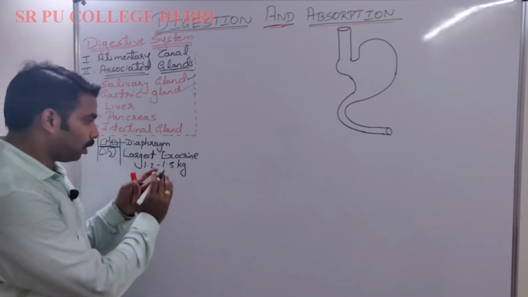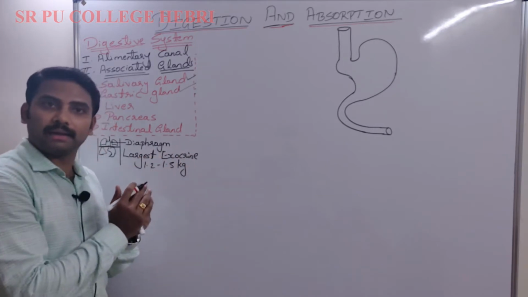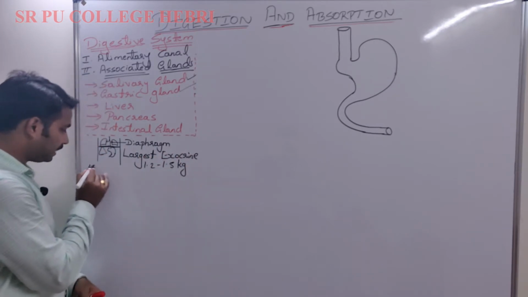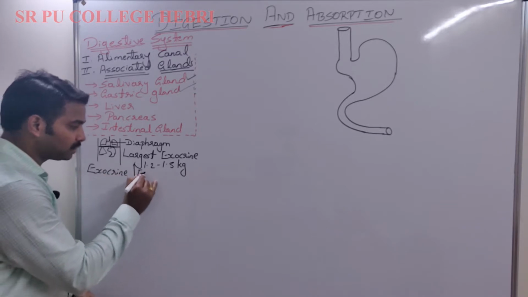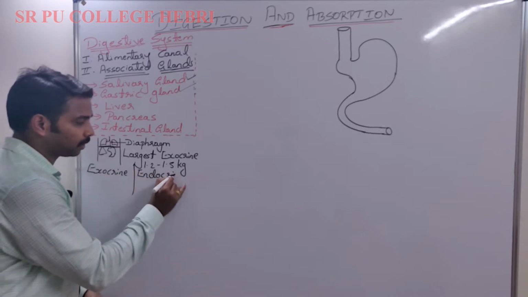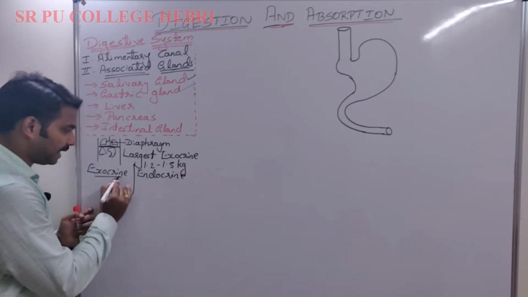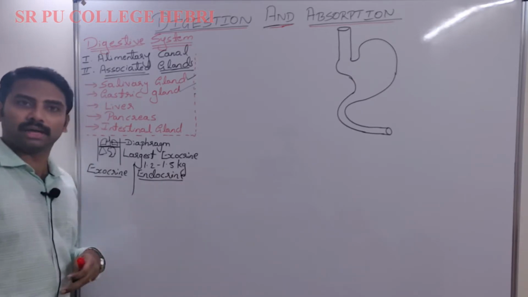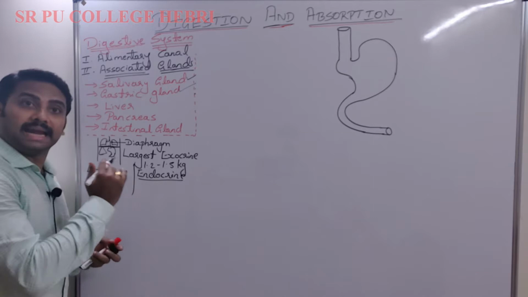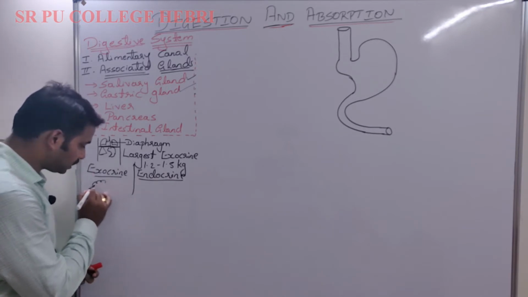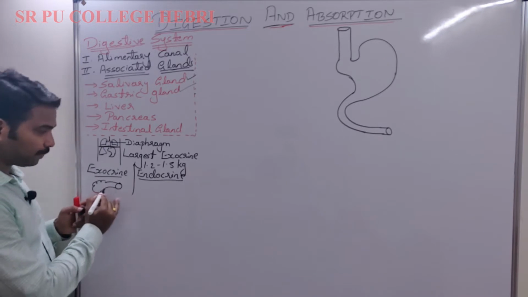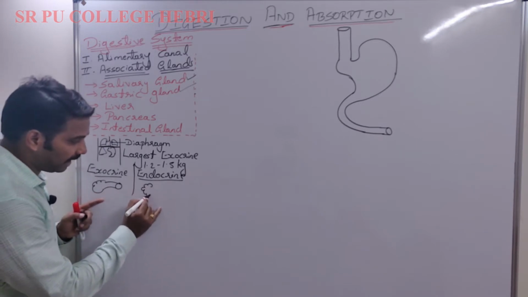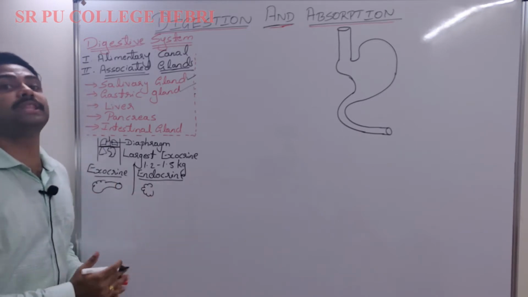So what do you mean by exocrine gland? You have to understand this difference. I am going to use this term frequently. Two types. One is exocrine, another one is endocrine. Exocrine gland is the one which is with duct. Endocrine gland is the one which is without duct.